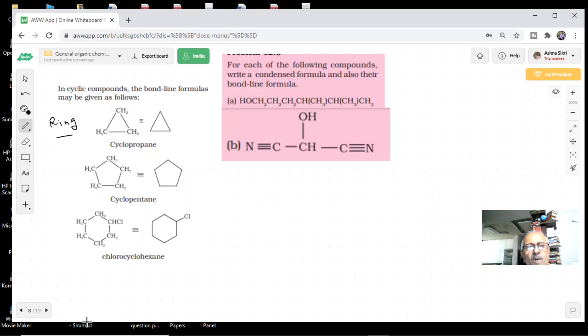How do you represent it in bond line? This. And what is this compound? Chlorocyclohexane, and its bond line representation. So these are our bond line representations, students. If carbon is not there, then I have to show the element Cl, oxygen, nitrogen, whatever it is. So we could easily show it, students.